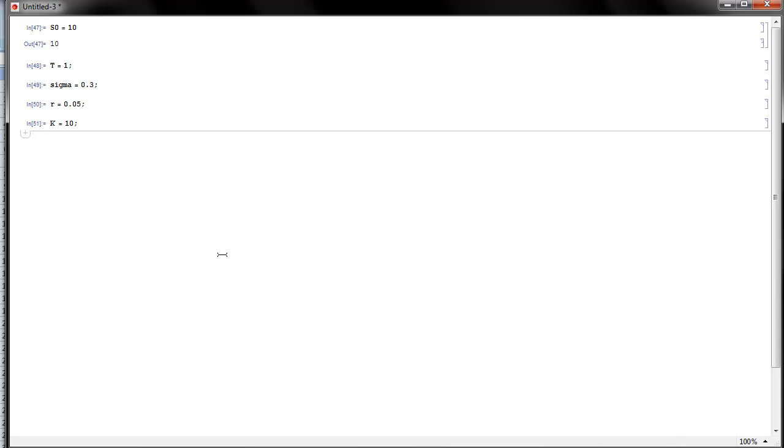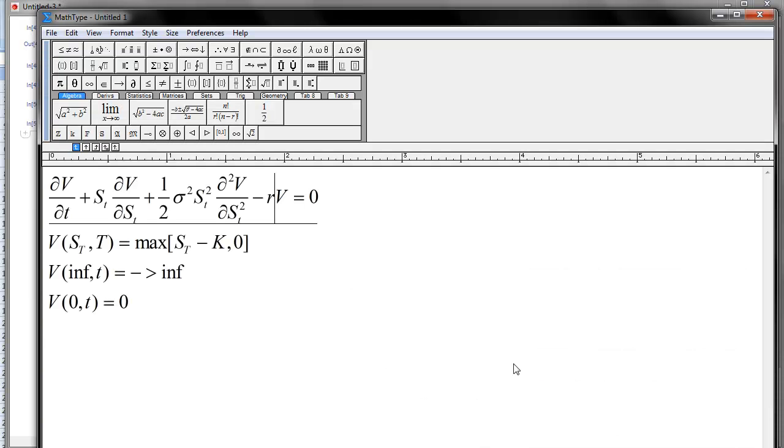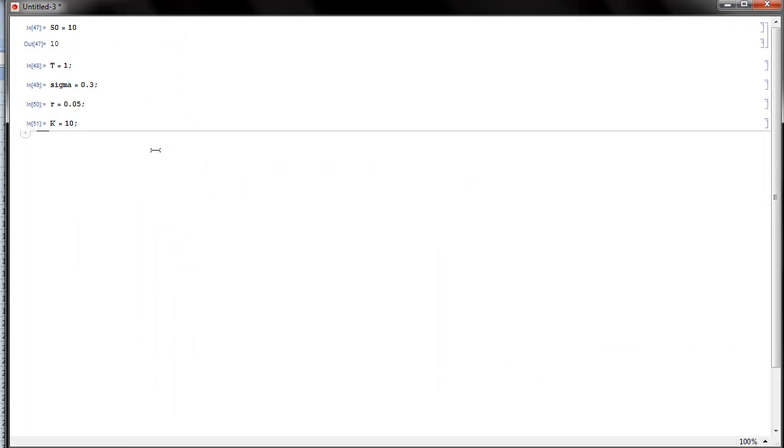Fine. So I have the parameters, and now I need to set up the partial differential equation as written here. So like I said before, we are going to tackle the equation numerically, okay? Otherwise we are not able to compute it. So we define a solution variable called sol, which will hold the result of the following.